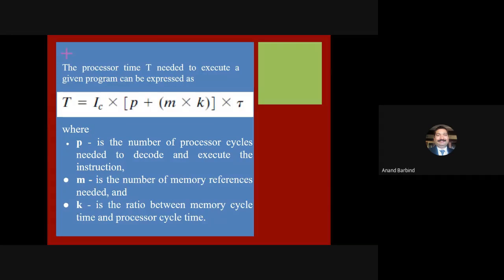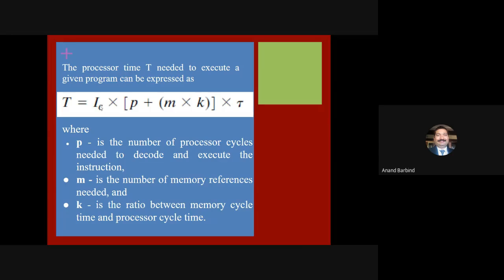Then, either you can calculate CPI, or you can directly calculate the time required to execute a particular program. You may take some program and calculate the time required for its execution with the help of this formula.